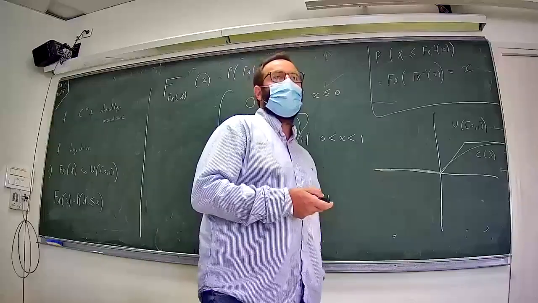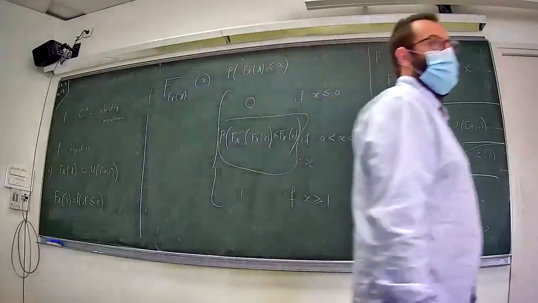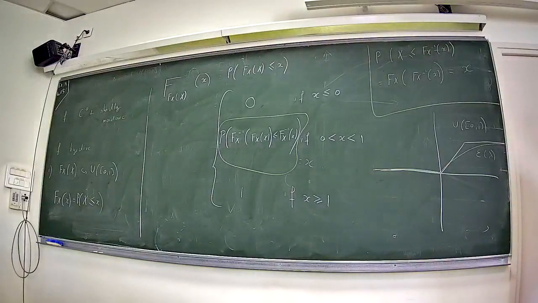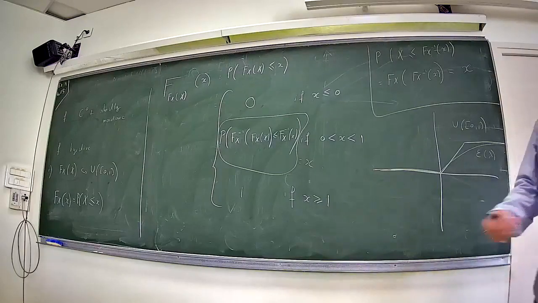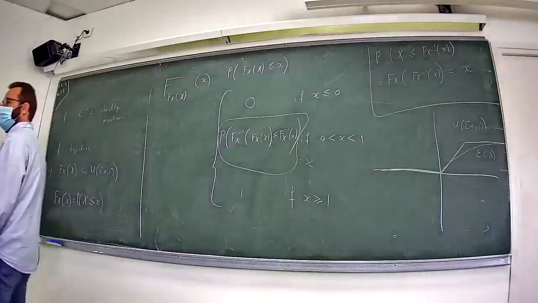But I have a very, very good approximation of FX minus 1. And if you apply this very, very good approximation of FX minus 1 to U, you obtain this way realizations of a Gaussian distribution. It's one way to generate Gaussian random variables using a computer.